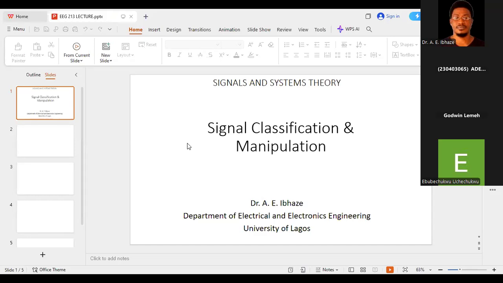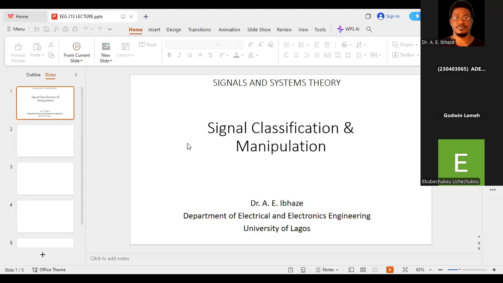But the electrical circuit itself is a system, largely because it is a body of signals and systems. Whatever you want to drive, you have to have an input, process it, and then get an output.